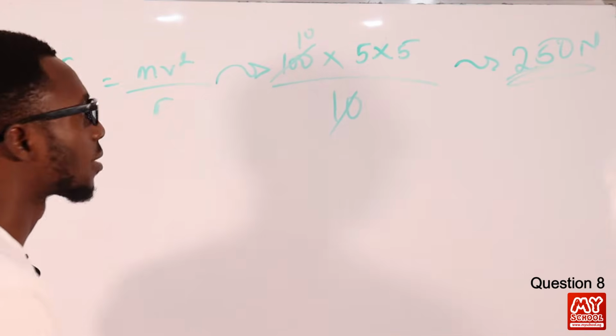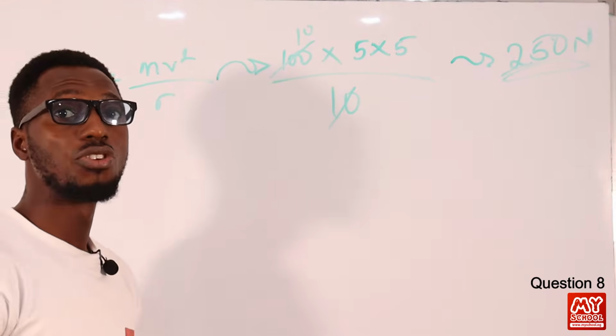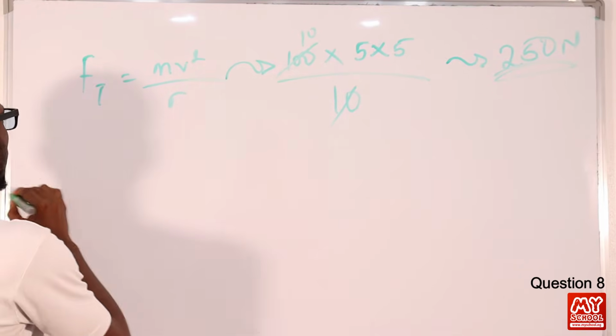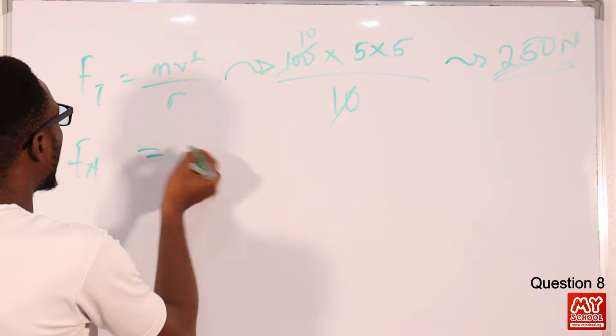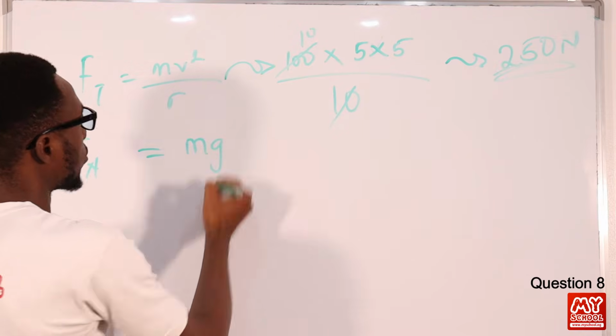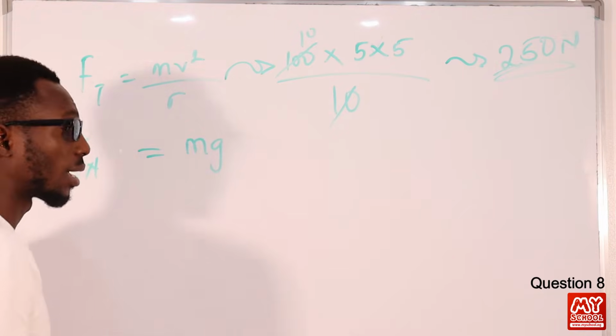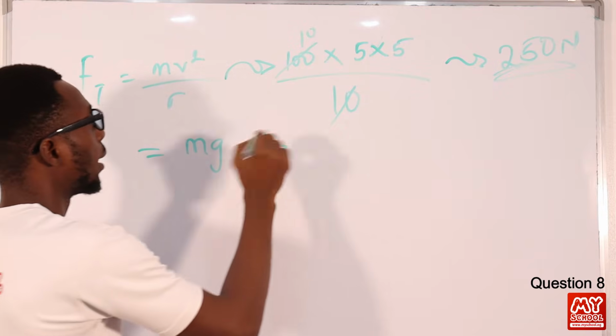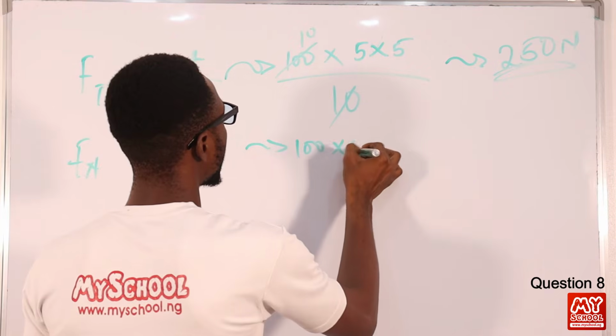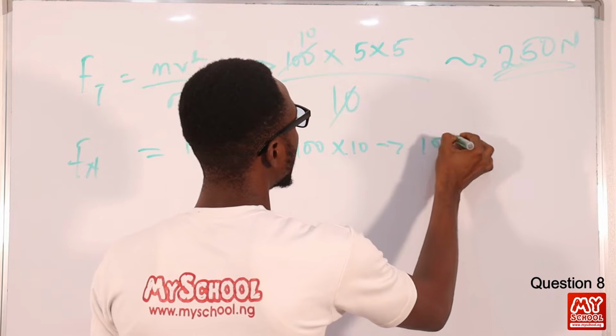Okay, all right, so let's come to the normal reaction. Remember, the formula there is that normal reaction is mass times gravity. In case angles are involved, then you can say maybe cos theta or thereabout. So mass is 100 times gravity, that is 10. So I have 1000 newtons.